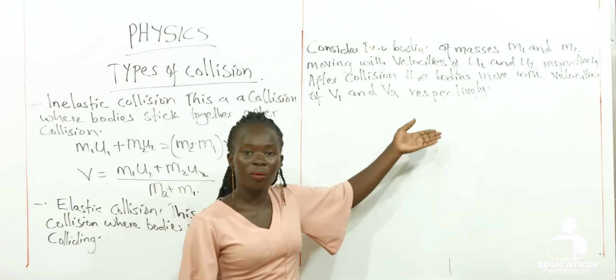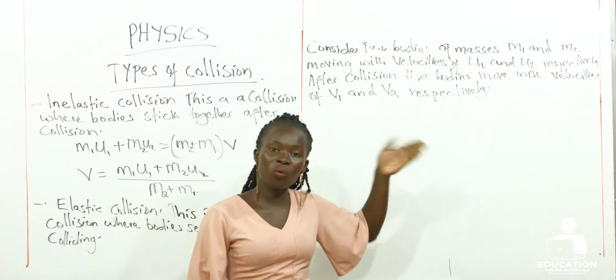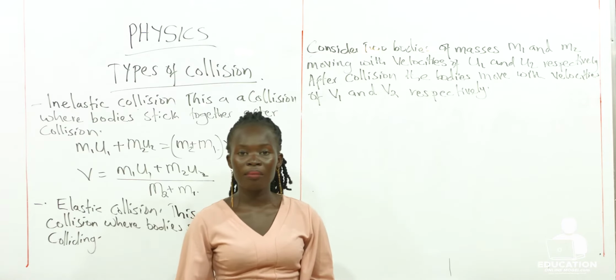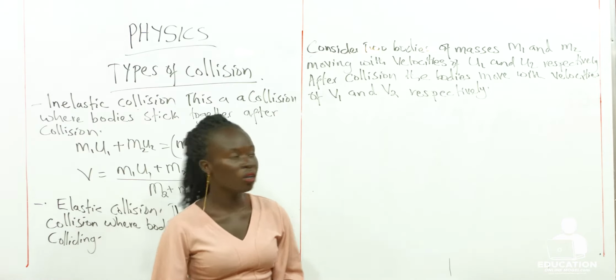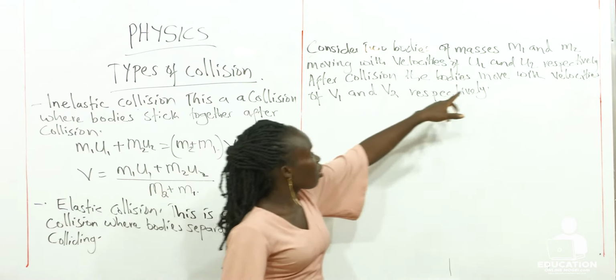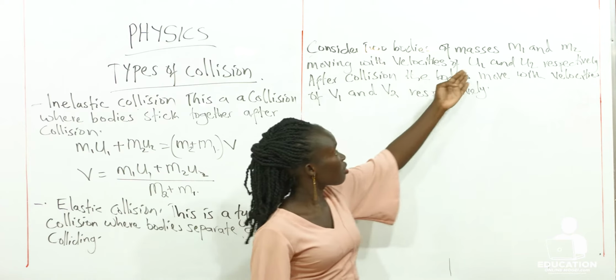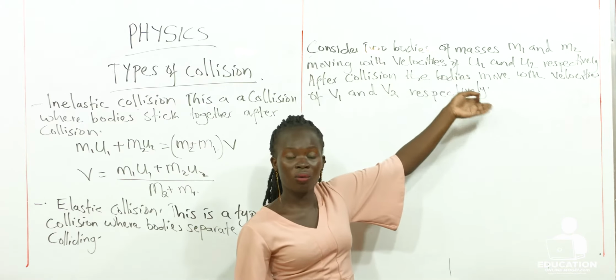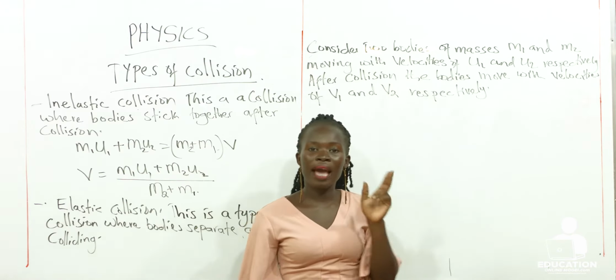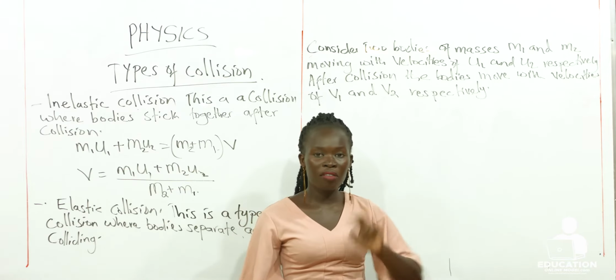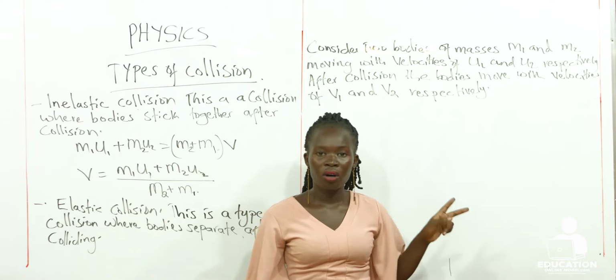So we are considering that to be their momentum before collision. We multiply the mass and their velocities before collision, which are u1 and u2. Then we add the two momentums to get the total linear momentum of the two bodies before colliding.